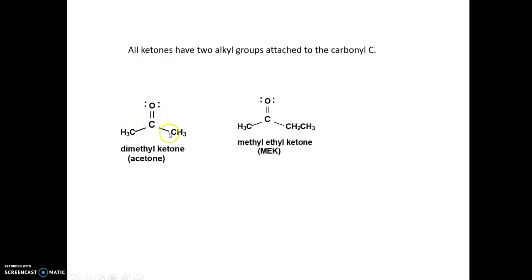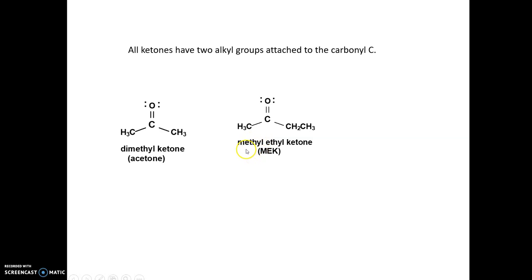When the two alkyl groups are the same, we designate it a simple ketone. An example of a simple ketone is dimethyl ketone, commonly called acetone. On the other hand, the two alkyl groups need not be the same, and then we call it a mixed ketone.